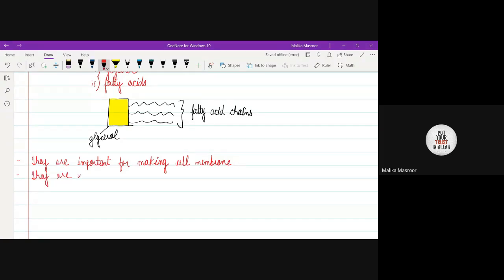They are used as energy stores, because they form your adipose tissue, which is your layer of fat under your skin. So they also act as your insulating layer.